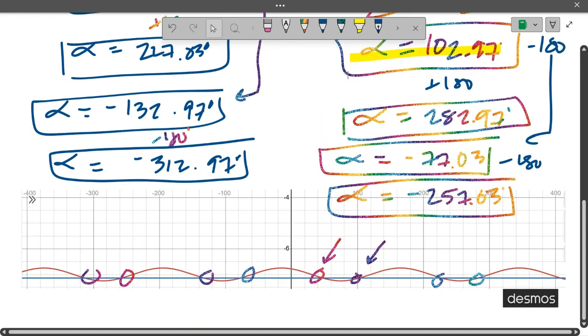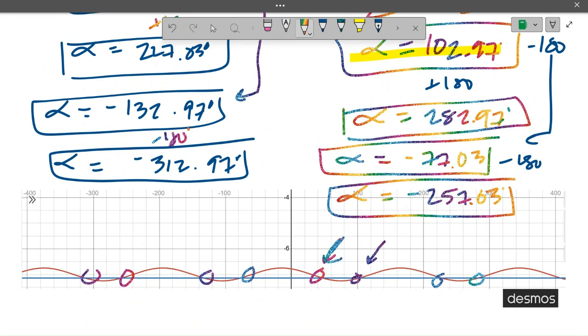So now if we take the first value that we had, this one, and we add 180 degrees to it, we end up with our first value slightly bigger than 200, which is this guy. And then if we took this second value right here and added 180 degrees, we end up with a value that's just shy of 300, our 282 degree value, which is right here.